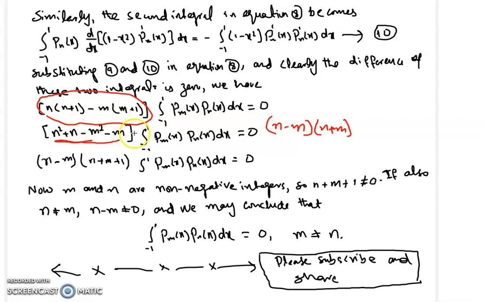This is plus n, this is minus n, so we can write it as n minus m. These two are the same, so we can take this common. It will be left here n plus m, and here it will be plus 1, so we get this factorization.